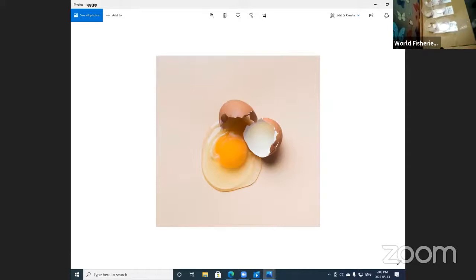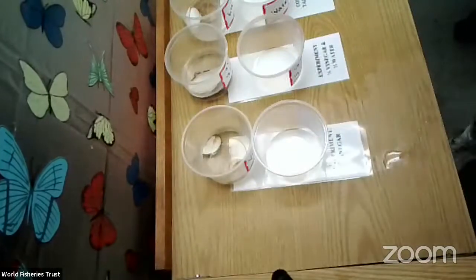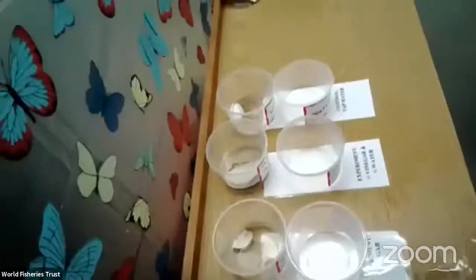So I'm just going to stop this share screen right now so you guys can see the lovely experiment in front of me. Here, let's see if we can get a better angle for you guys. Might have to move down here.